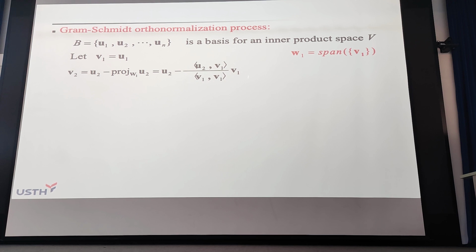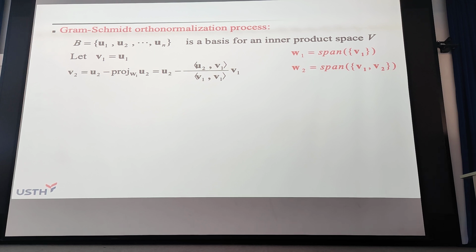But by geometry, it is U2 minus projection of U2 on W1. Then we call W2 the subspace of V spanned by V1 and V2. That is the second step.